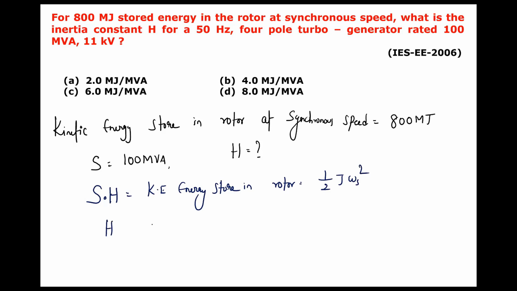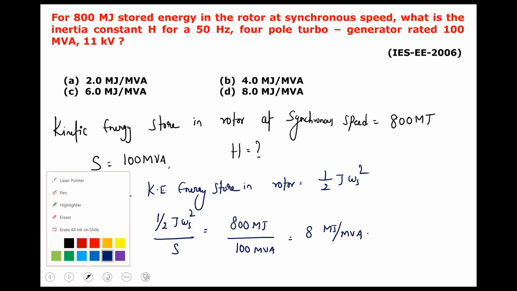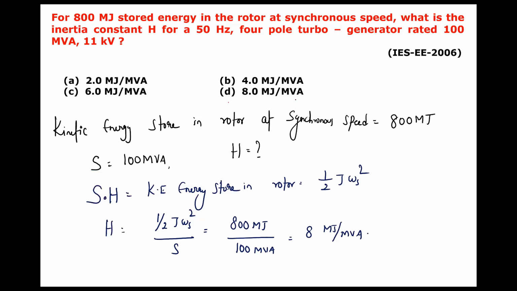So now H is equal to the kinetic energy stored divided by S. So this value is 800 megajoules divided by 100 MVA machine. So your answer is 8 megajoules per MVA. That is the answer. Okay. So this is the H value, inertia constant value of the given machine.